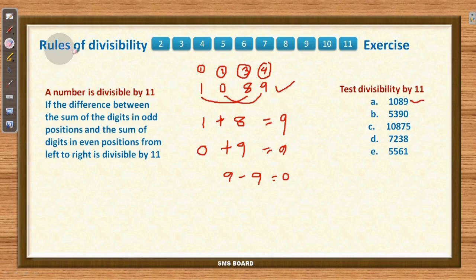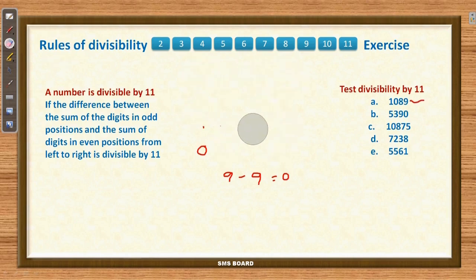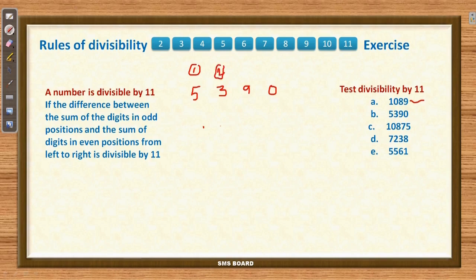Now let us discuss the second problem. The second problem number is 5,390. Here this is in first position, this is odd position, this is even position, this is odd position, this is even position.